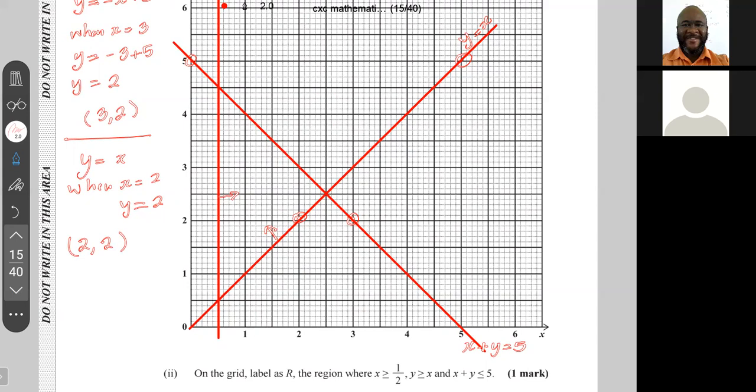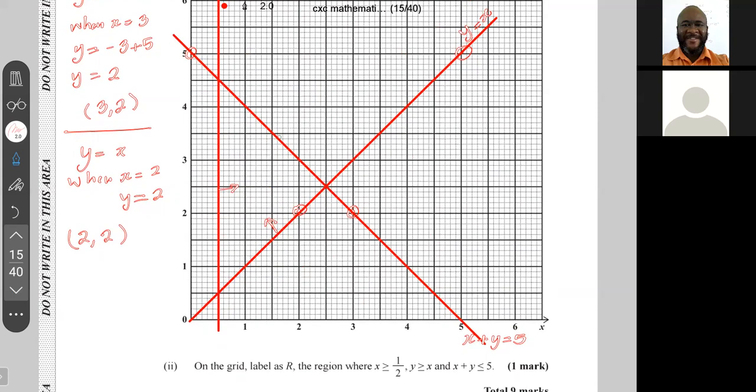Lastly, we need a region where x plus y is less than 5. This is the line x plus y is equal to 5. Everywhere on that line, x plus y is equal to 5. Above the line, x plus y is greater than 5. Below the line, x plus y is less than 5.